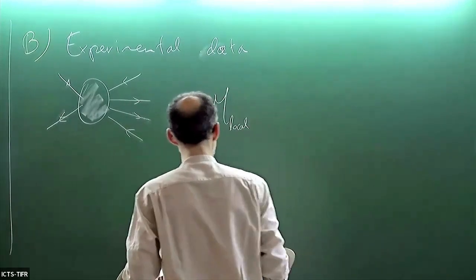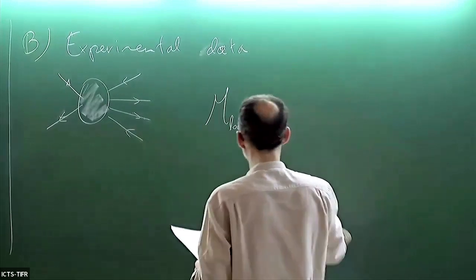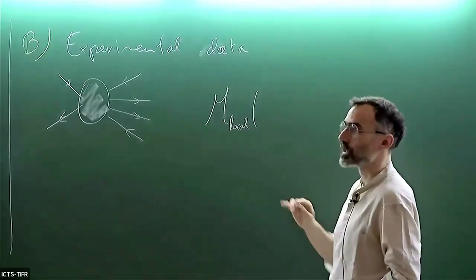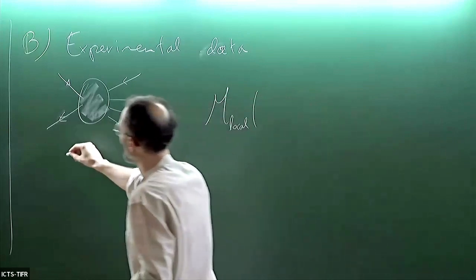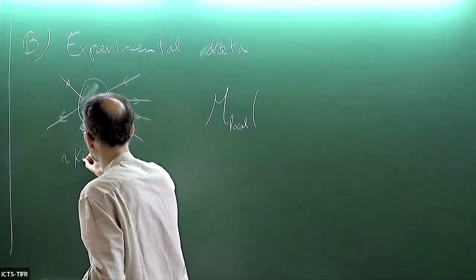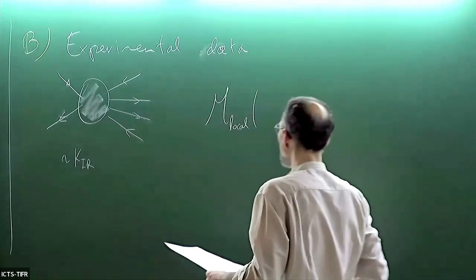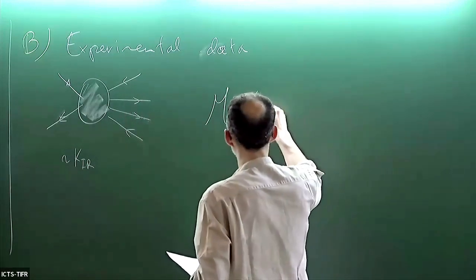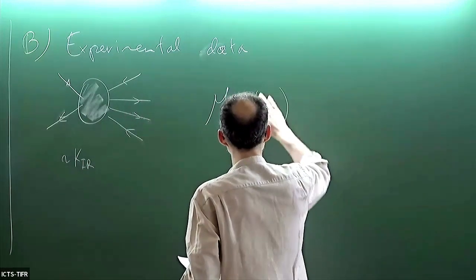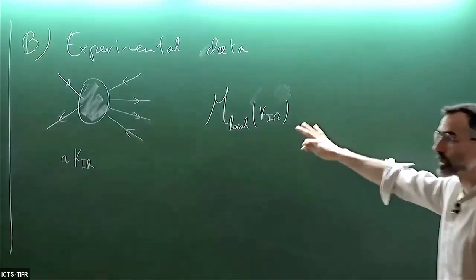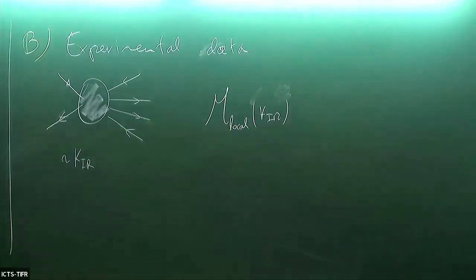So they measure that local matrix element, and of course, that experiment is happening at some scale. Let me call that K_IR. So that matrix element measured experimentally is a number given to us by the experimentalist.